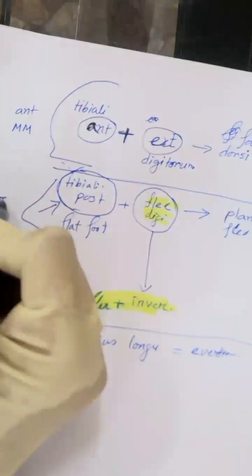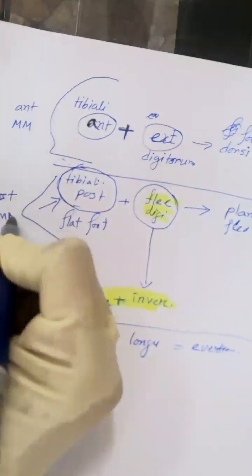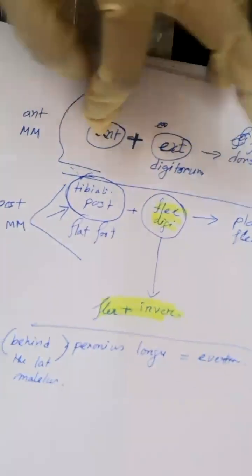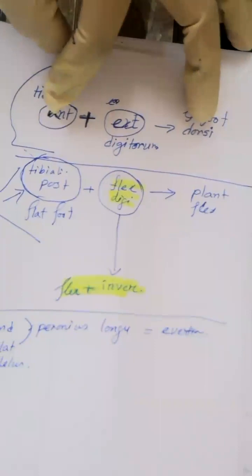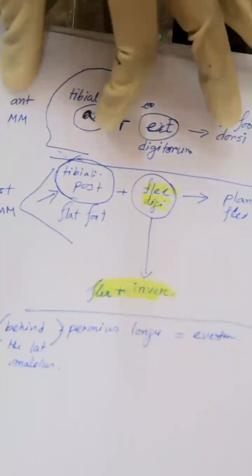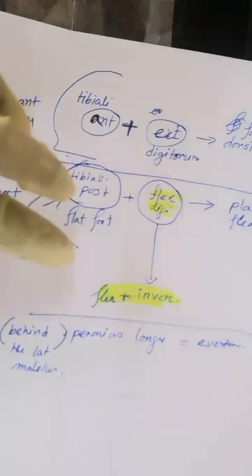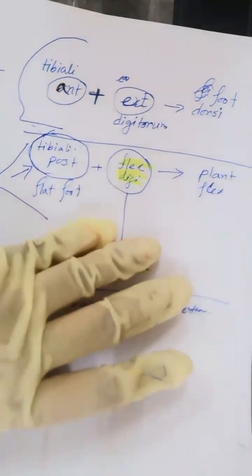These others are posterior to the medial malleolus. So all the vowels with your A and E are anterior, doing foot dorsiflexion. Posterior to the medial malleolus, the opposite of anterior and extensor, they are doing flexion of the foot.